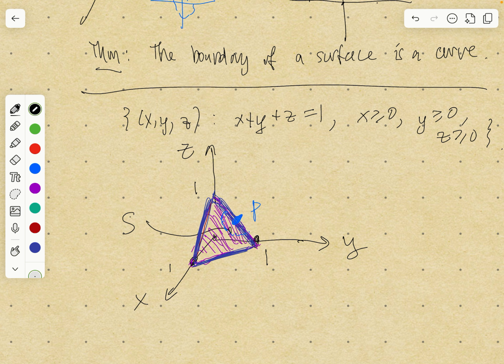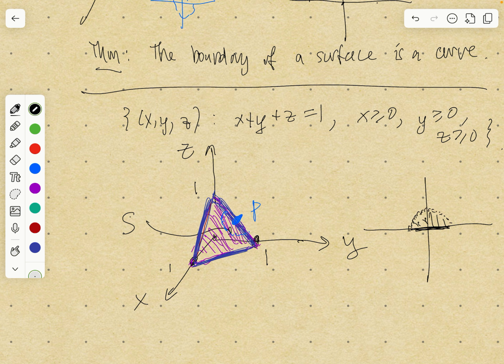That set is going to be covered not by an open set in R2, but by one of these kinds of sets, which is the intersection.